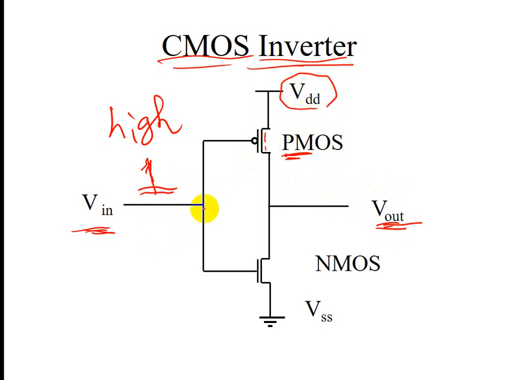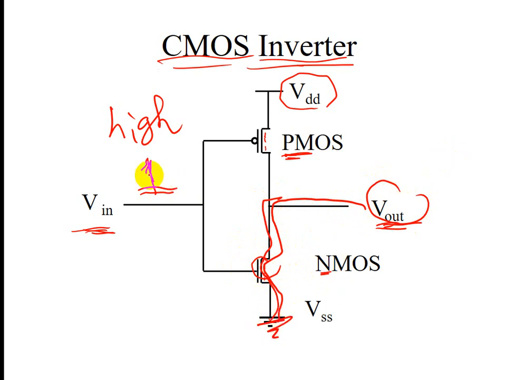But for the high voltage here, you're actually creating an electron, so you help create an N channel here. So this is going to be electrons going through. So what does V out read? V out reads the ground level.